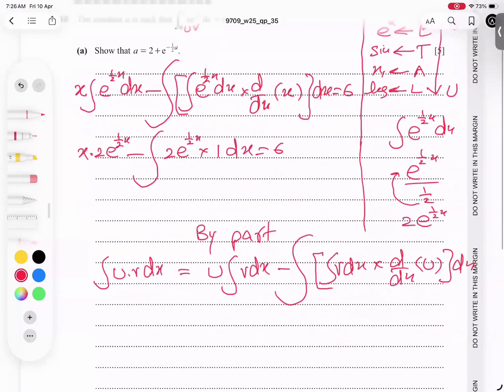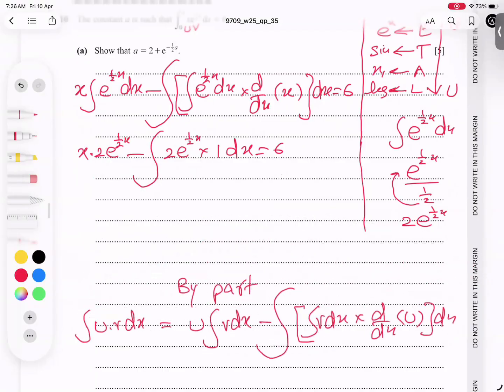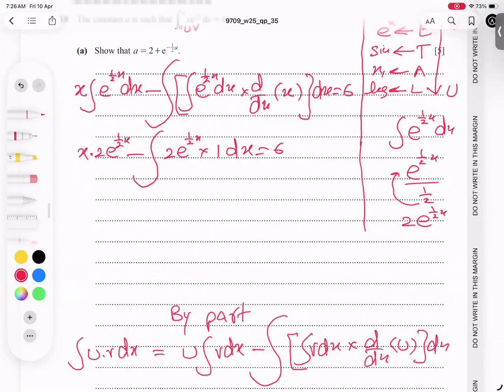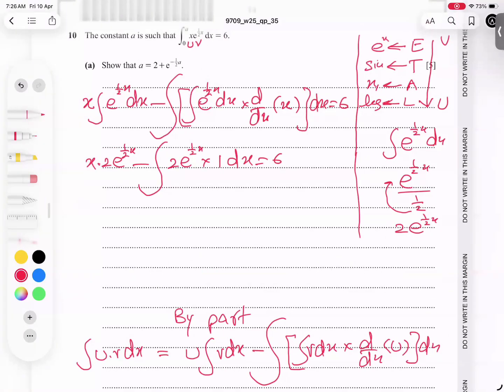Now the last step. This formula, if you leave it or erase it, no problem. I'm leaving it for a while. So we have 2x e to power half x, and negative, this 2 goes outside, e to power half x dx equal to 6.